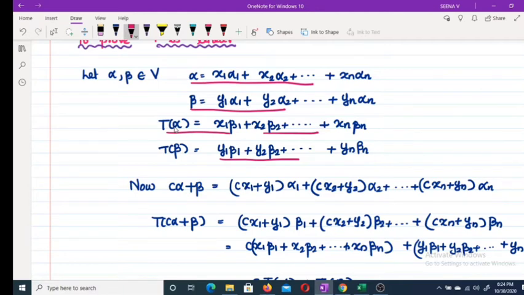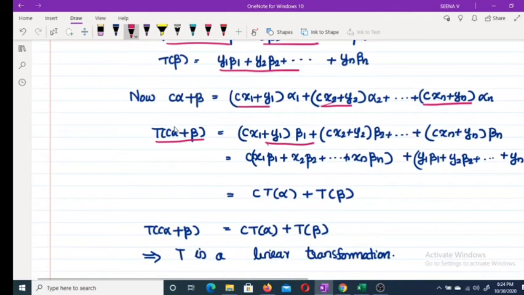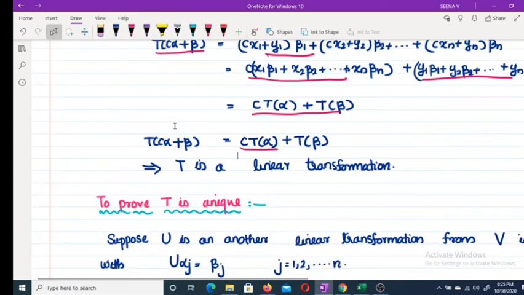And you collect the coefficient of alpha 1, coefficient of alpha 2, etc., coefficient of alpha n. Now, T of this means you replace these alpha i's by beta i's. Now collecting the terms containing xi's, and now collecting the terms containing yi's, this implies we get C T alpha plus T beta. This implies T is a linear transformation.